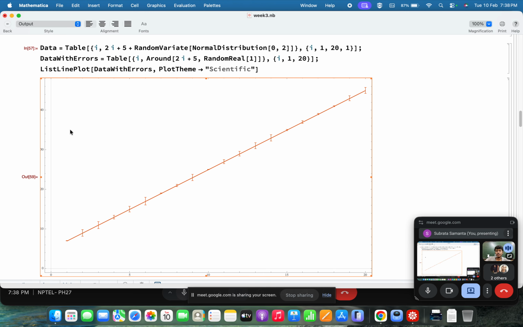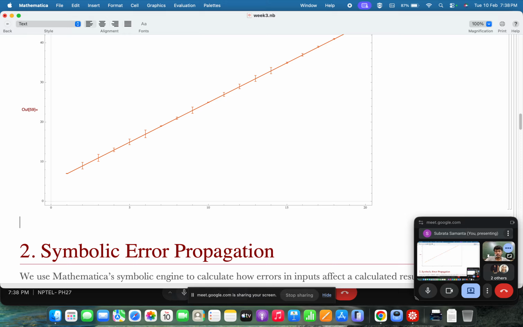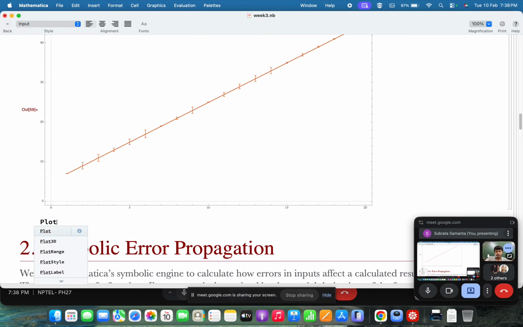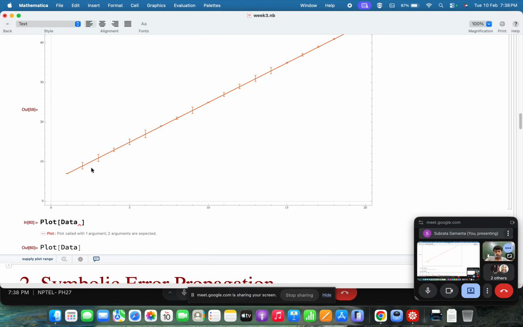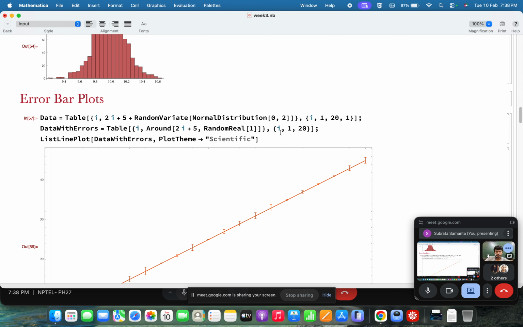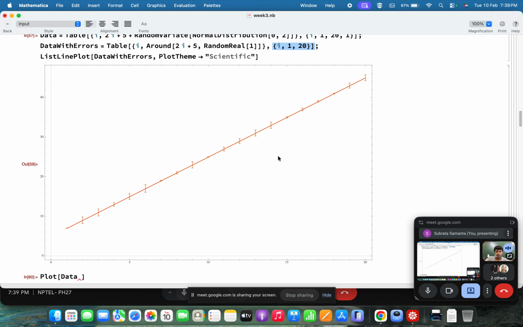Now let us plot this data. Sorry, I have to put a variable. So I have a table, that is 1 to 20.